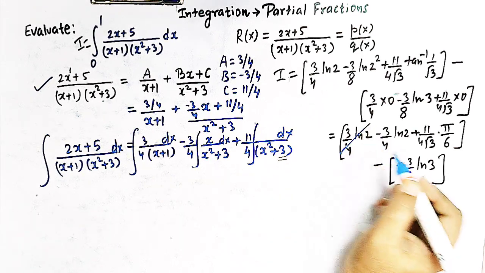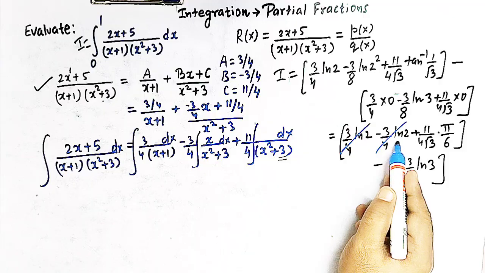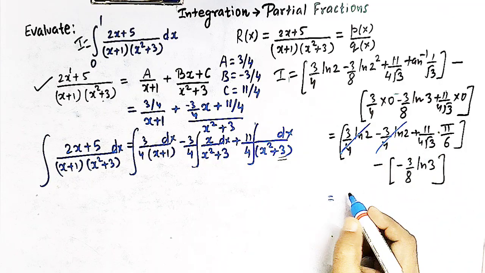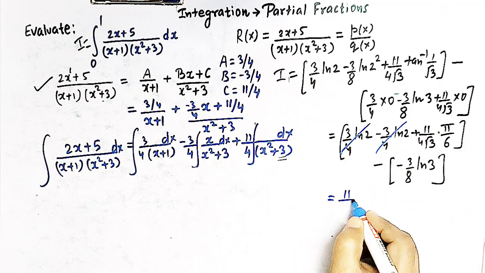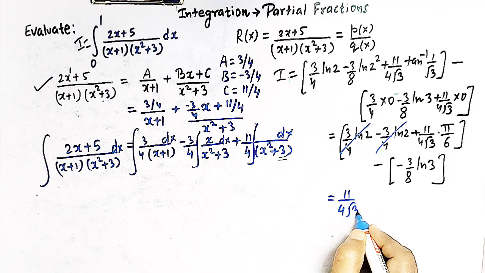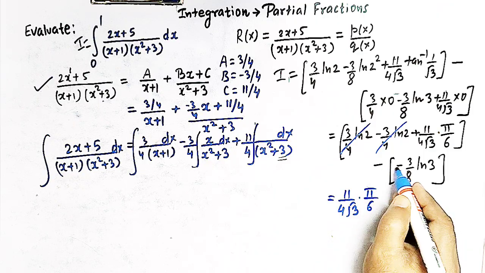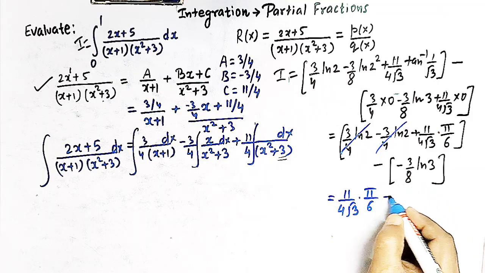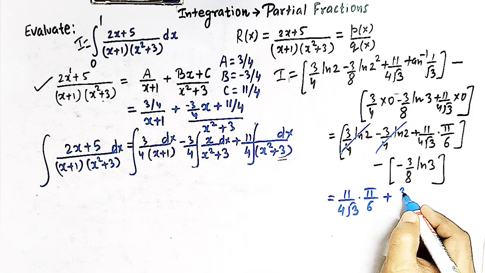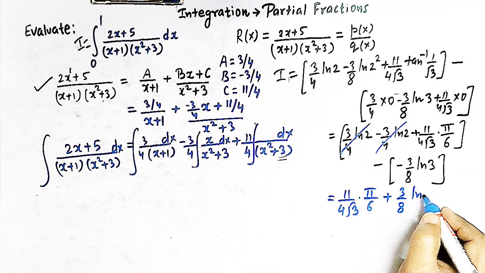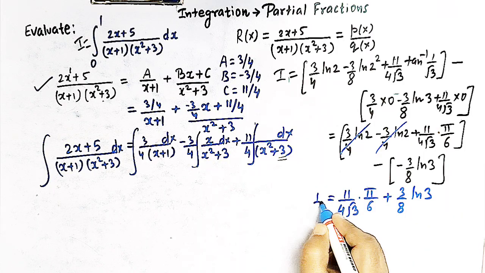So now these two terms get cancelled, and here we are left with 11 over 4 root 3 times pi over 6, and here minus times minus is positive, and we have 3 over 8 natural log of 3, right?